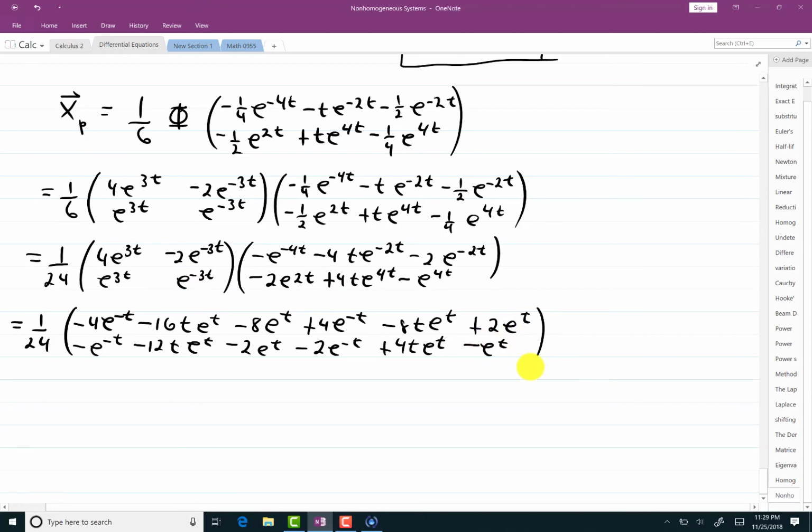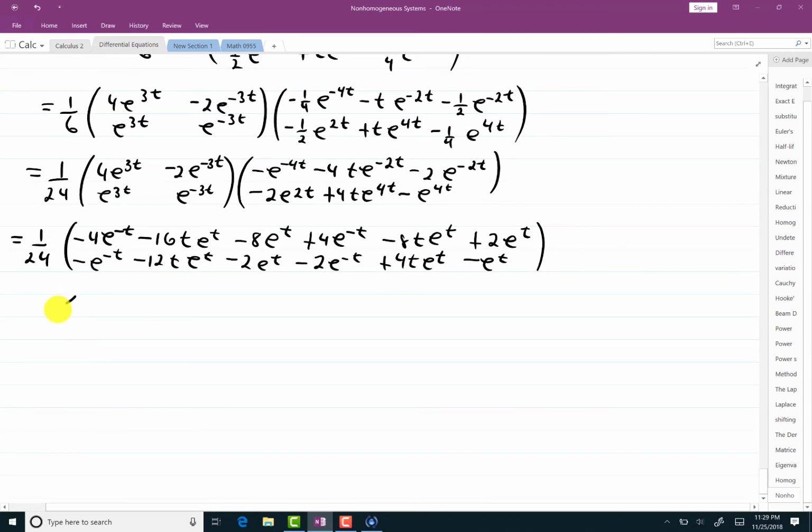Let me simplify where I can. All right, 4e to the negative t. I know I saw that. That's good. Those cancel each other out. Now what do I have for the t's? I have negative 24t e to the t.